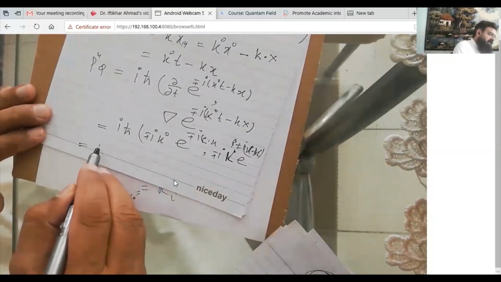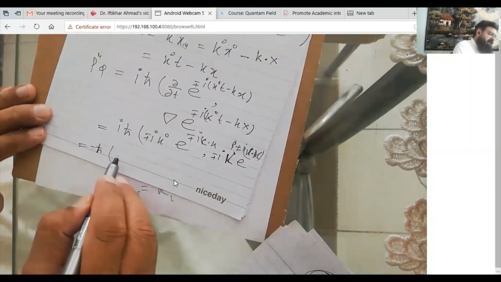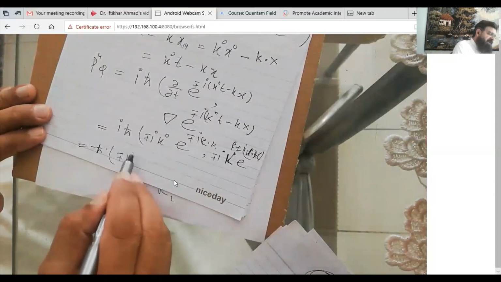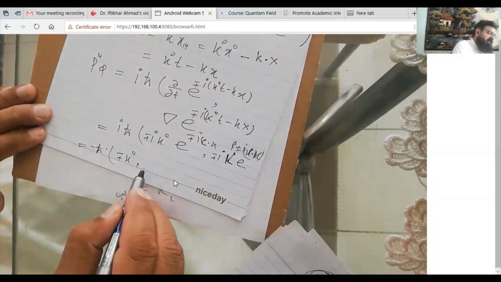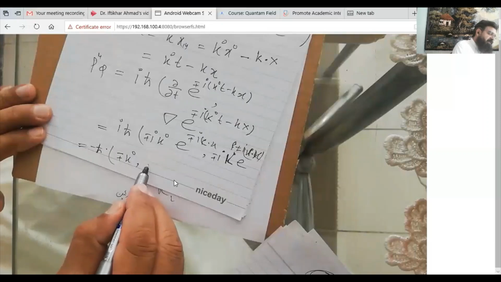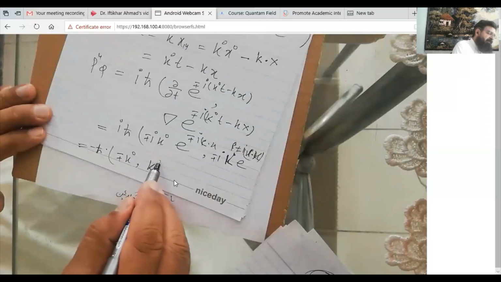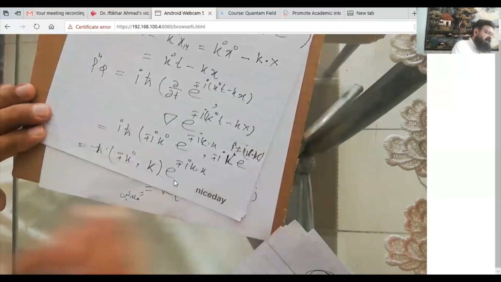Then taking common, this is equal to minus h-cut, and then minus plus k_0 and k, e raised to power minus plus iota k·x.